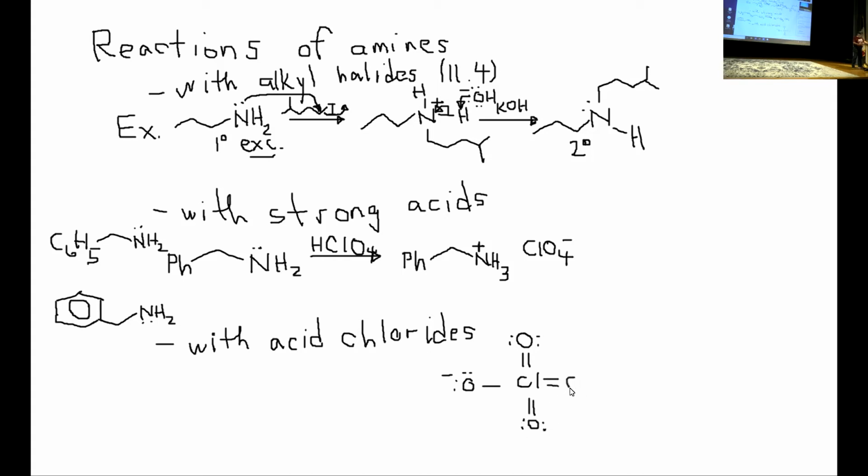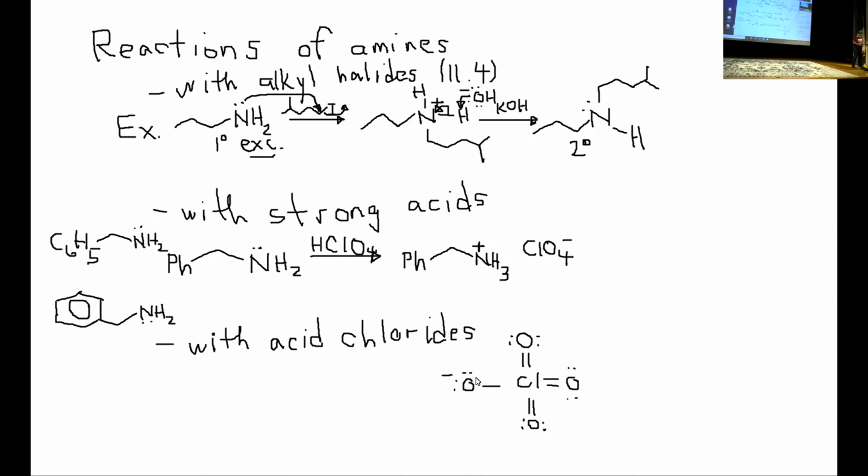This is one way of drawing it, the perchlorate ion. 4, 8, 12, 14. Yep, there's 14 electrons around chlorine, and that's allowed because chlorine's at least the third level of the periodic table. Those elements can become hypervalent like this and have more than 8 electrons around them. They don't have to, but they can.